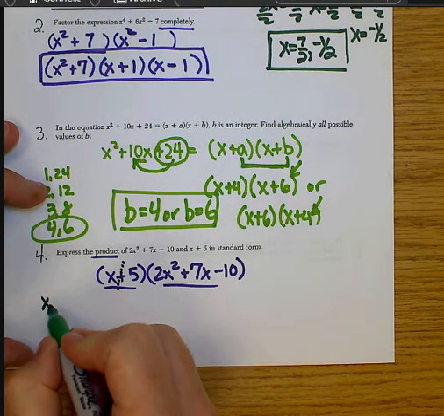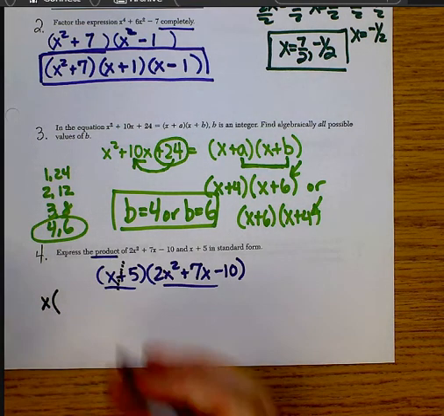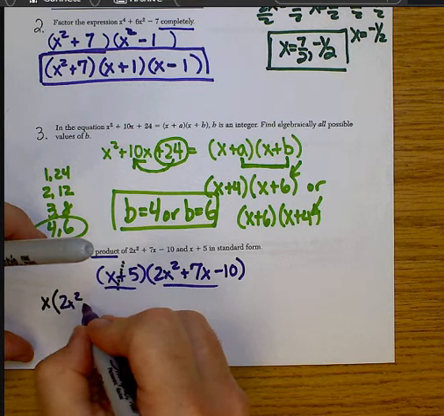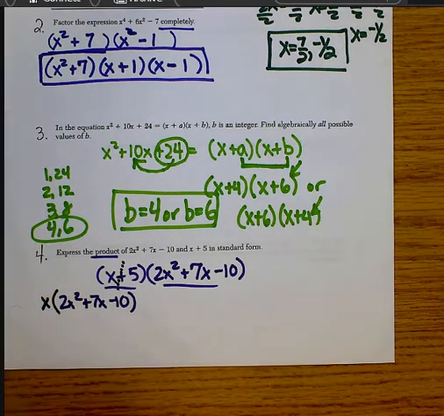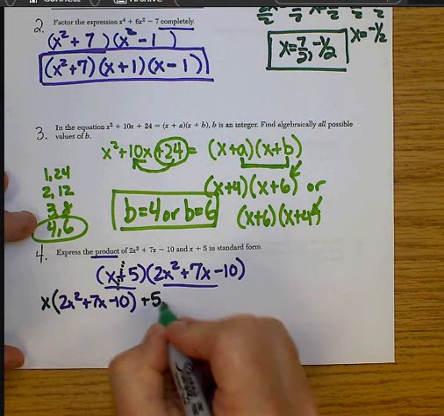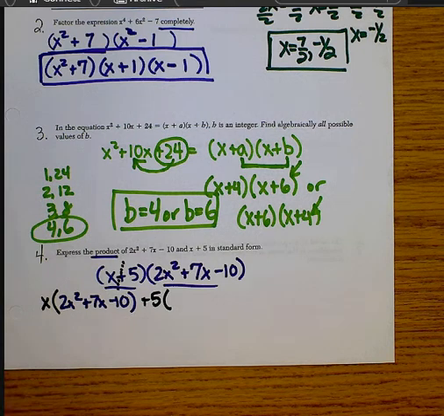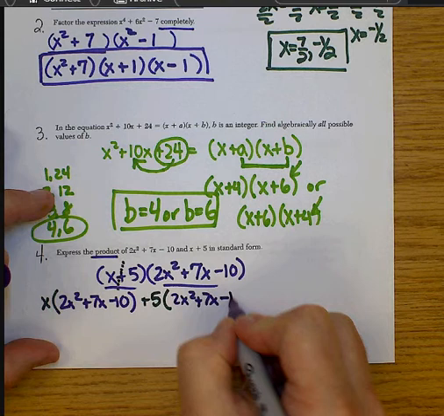So x is the first piece, and I'm going to multiply that by the whole second polynomial, 2x squared plus 7x minus 10. And I'm going to take the second part of that polynomial, which is plus 5, and multiply that by the whole second polynomial, which is 2x squared plus 7x minus 10.